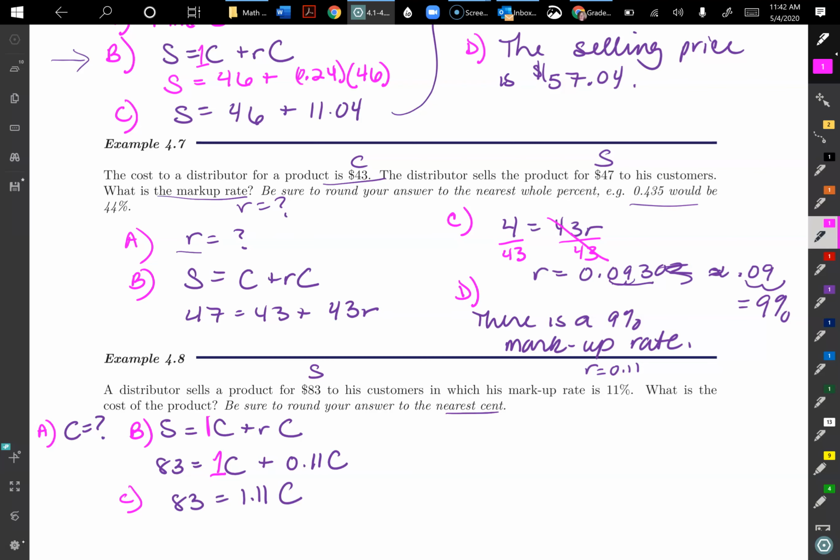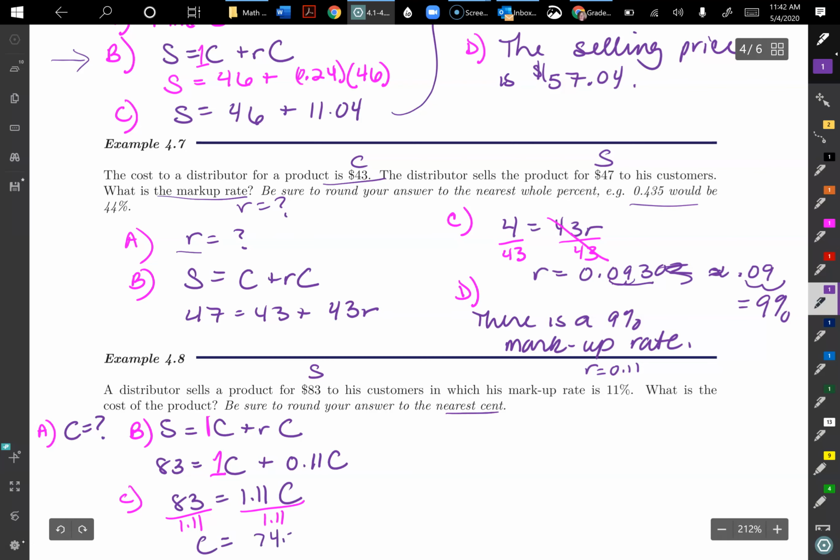And then we're going to divide both sides by 1.11. And we end up with C equals 74.77.